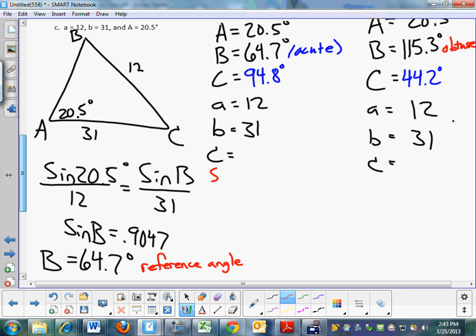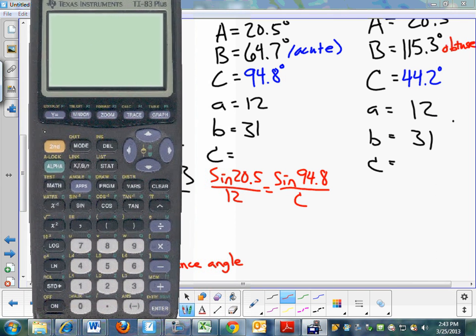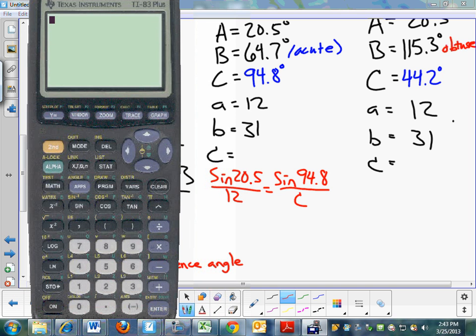So we have to set up sine of 20.5 divided by 12 equals sine of 94.8 divided by C. I cross multiply. You guys get 34.15.